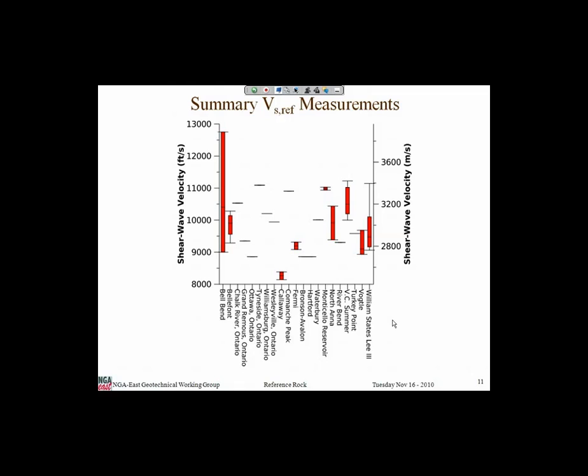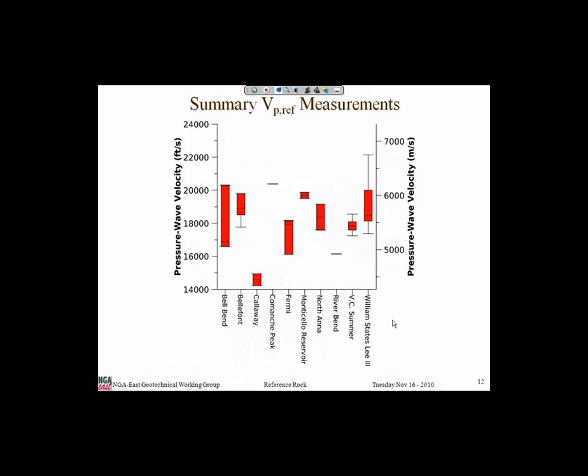We looked at inter-site variability and intra-site variability. This is the same plot, but for P-wave velocity measurements across the site. We present them in both scales, feet per second and meters per second, and you're looking at the variability there as well.